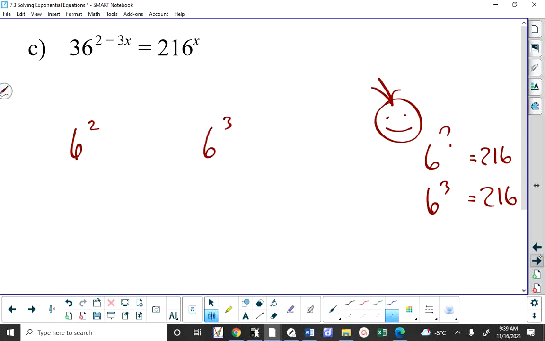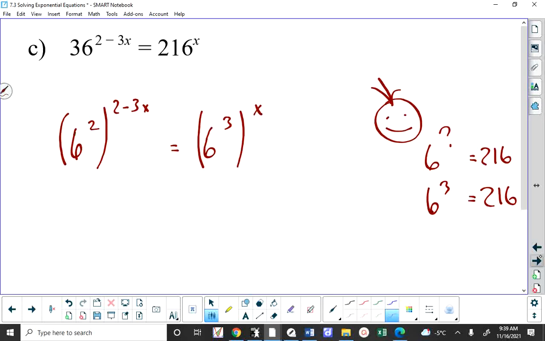It's 36 raised to the 2 minus 3x, which means it's 6 squared raised to the 2 minus 3x. And that set of brackets is not optional. You need that set of brackets. And it's 216 raised to the x, but 216 is 6 cubed, and we have to raise that to the x.